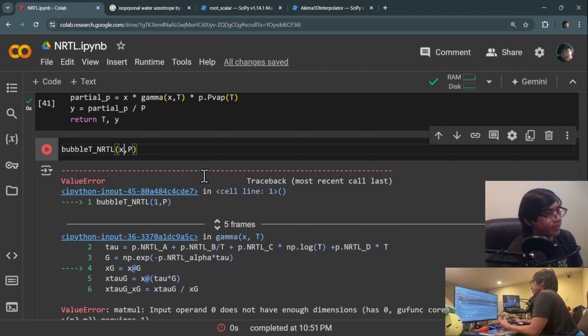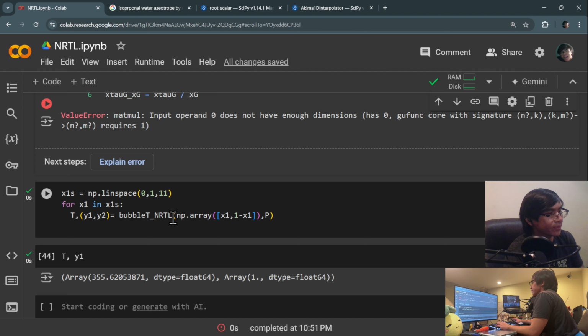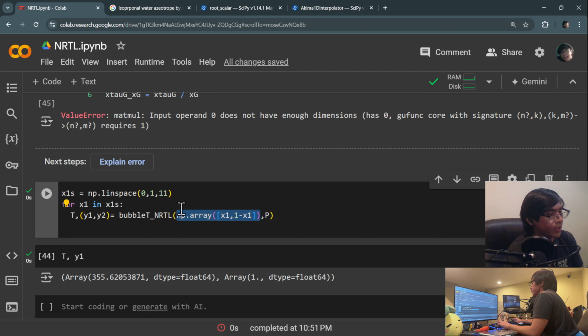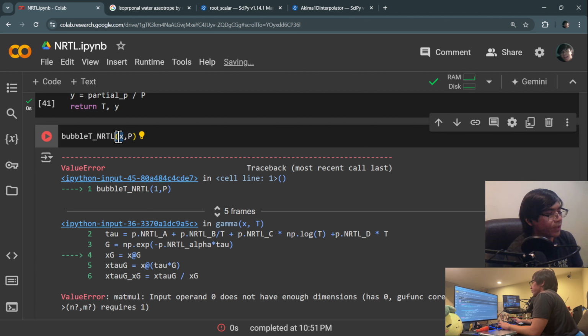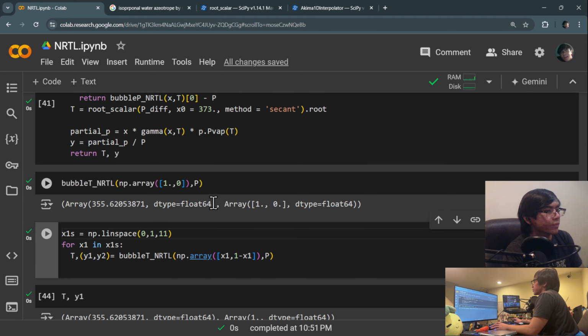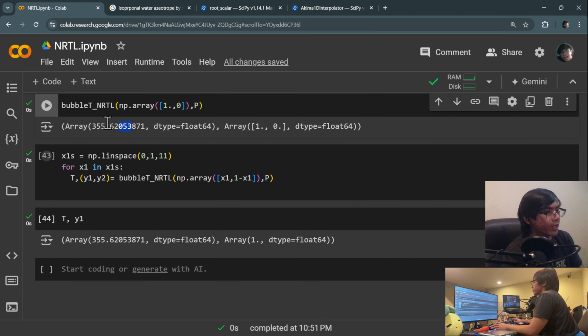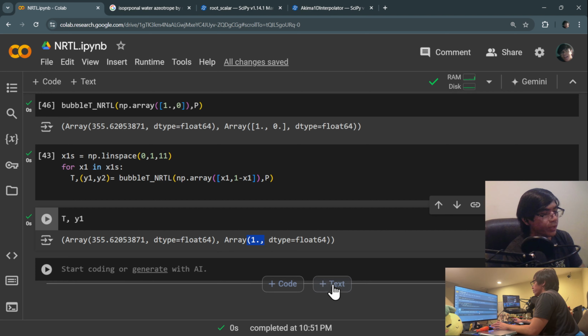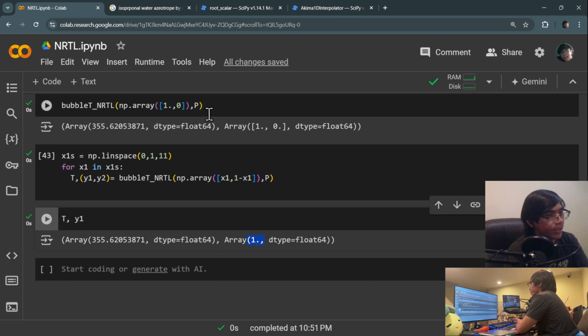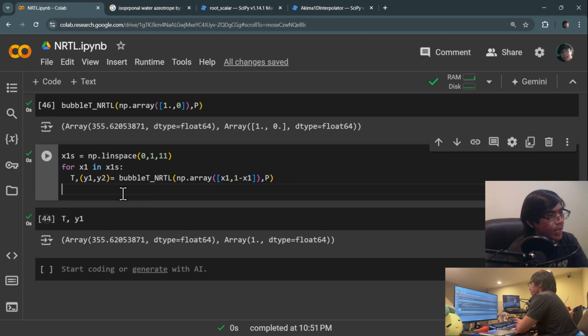Is it worth checking? Sure, I'm just checking if it went all the way to the end. So it's like 1 to 0. Yeah, that did go to the end, and it is 1. So it ran all the way to the end. That's why it's giving me this value. So I want to capture all those values.